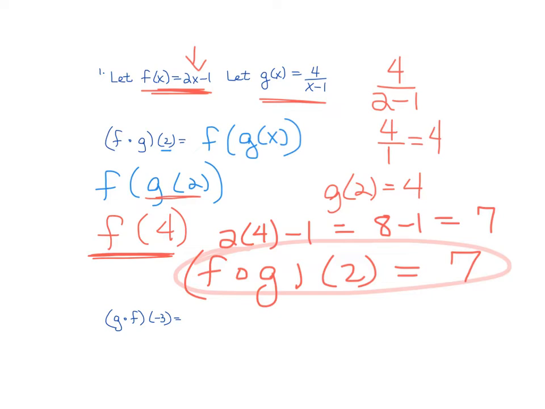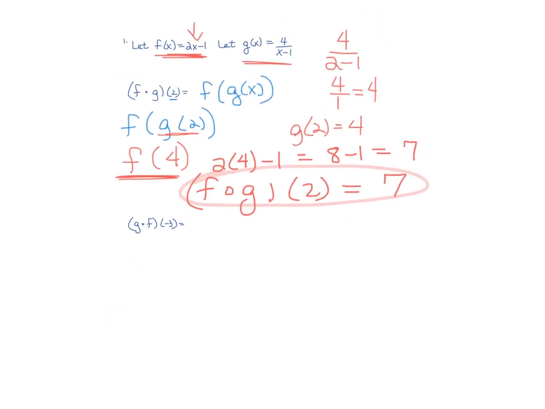Let's try another example. Now we're going to flip the letters, and we're going to take the f of x function and plug it into the g of x function, but this time we're going to make x equal negative 3. So again, same two functions. So here, I'm going to rewrite this as g of f of negative 3.